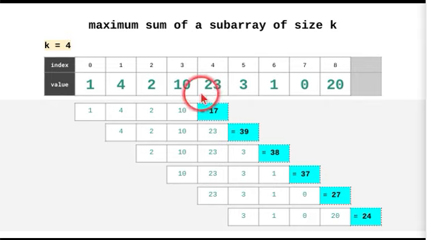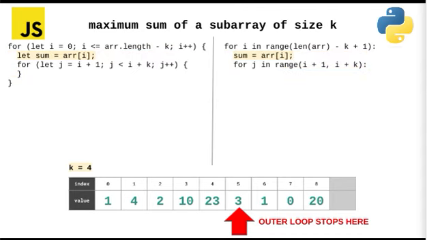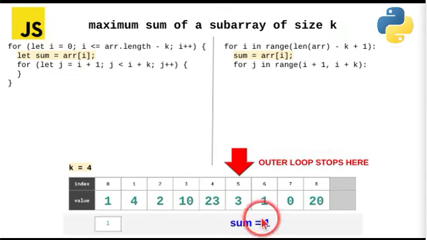Now we need to calculate these sums for each subarray. I'll create a variable called sum and give it the value of i. If you look at the bottom here, I'm keeping track of our sums. So i is equal to position 0, which is a value of 1.